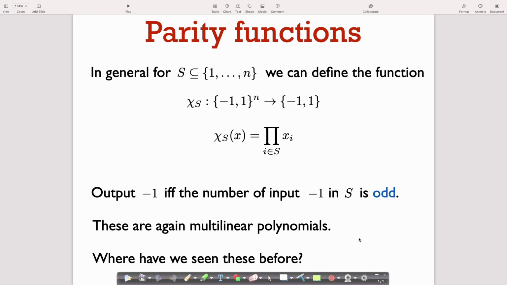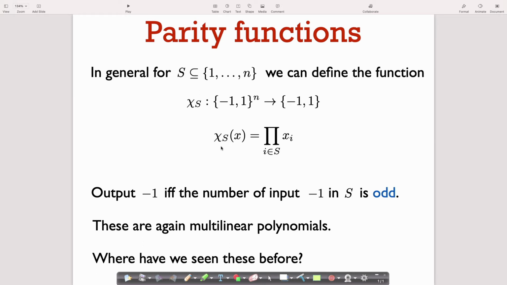So we can define parity functions more generally over any subset of the input variables S. I'm going to let chi S be this function which takes the parity, so outputs -1 if and only if the number of -1s in the input X restricted to the set S is odd.